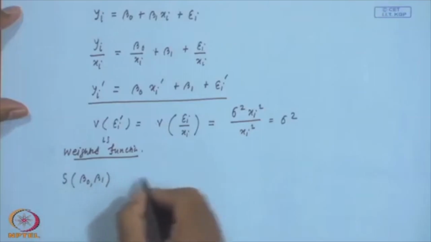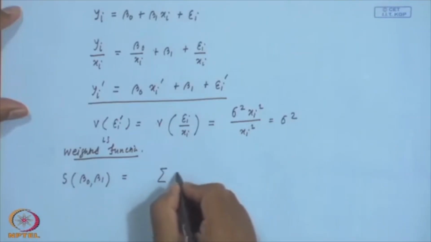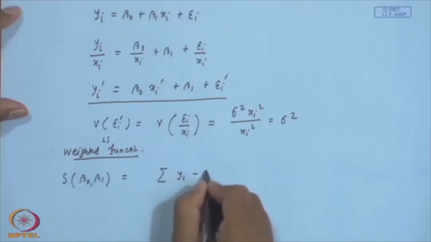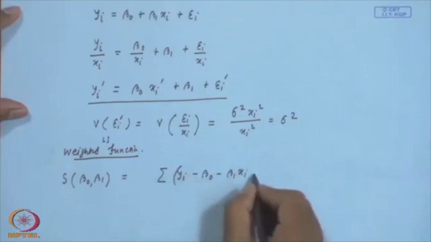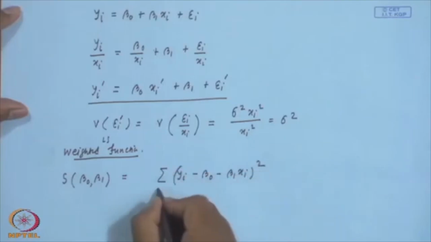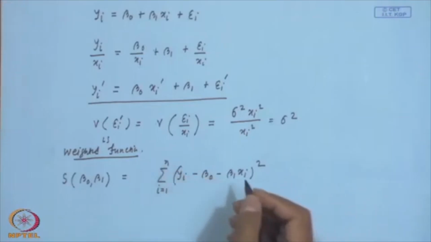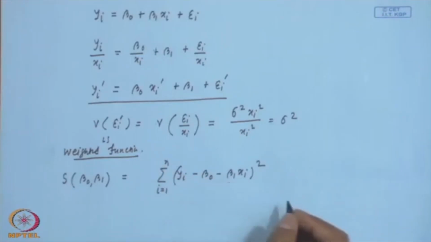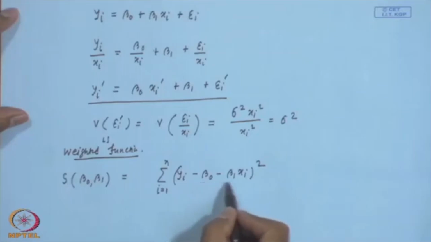So, what we do in the usual case is that we just minimize the SS residual, that is the sum of y_i minus beta naught minus beta 1 x_i, squared, i from 1 to n. So, we estimate beta naught and beta 1 in such a way that this is minimum. That is what the ordinary least square technique is.